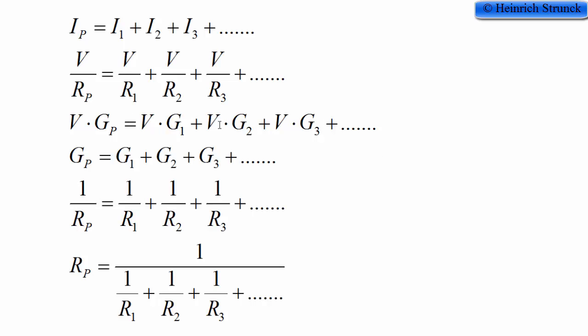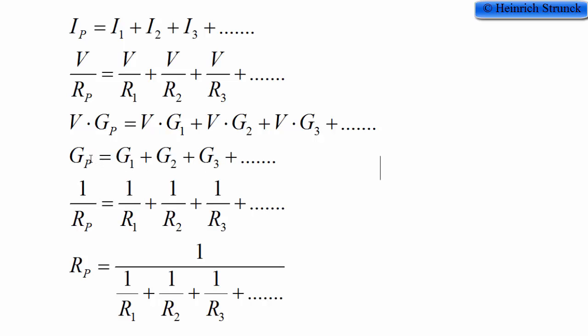Since we multiply with the voltage all places, we can get rid of the voltage, and we just said that the conductance for the total parallel circuit is the conductance for load number 1 plus the conductance for load number 2 plus the conductance for load number 3 and so on.